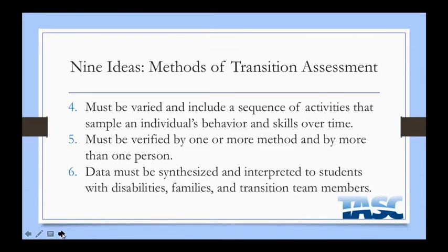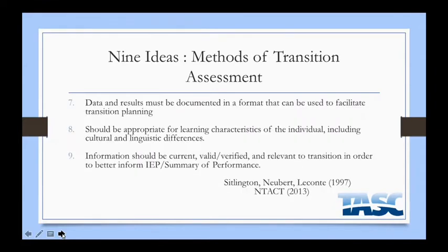Number six, the data must be synthesized and interpreted to students with disabilities, their families, and transition team members. Number seven, data and results must be documented in a format that can be used to facilitate transition planning. The method should be appropriate for the learning characteristics of the individual, including cultural and linguistic differences.